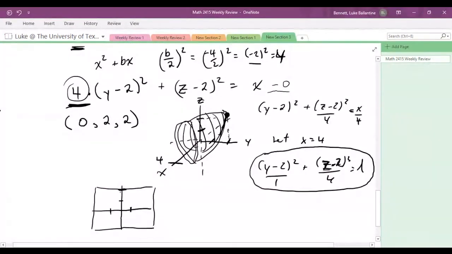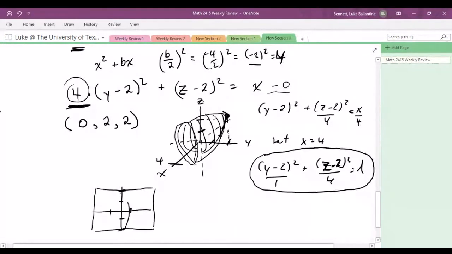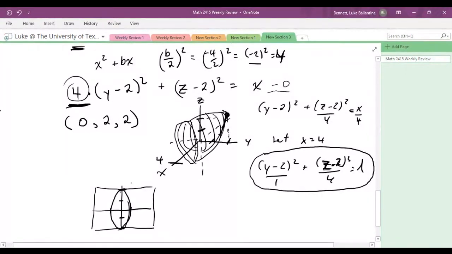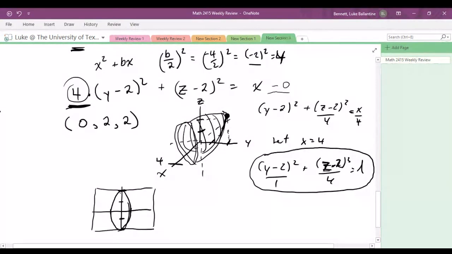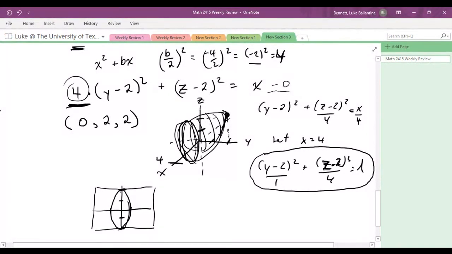Let's say it's right here. So this is the cross section. That's what I was trying to draw right here, this ellipse. And then we just have ellipses all the way down. For every plane x equals k, we have an ellipse for positive k.